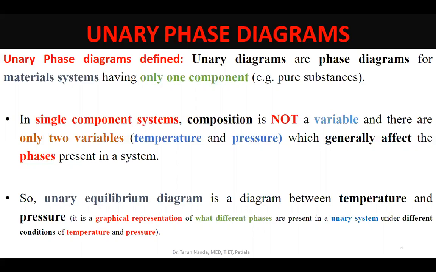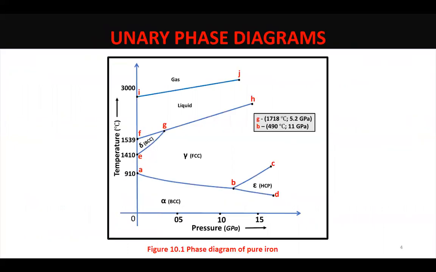So the two variables that generally would affect the phase relationships in a material system are temperature and pressure. So unary phase diagrams are graphical representations of what different phases are present in a unary material system under different conditions of temperature and pressure. Temperature generally would be taken along the y-axis and pressure along the x-axis.